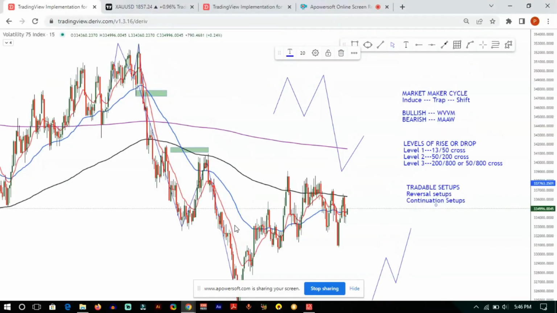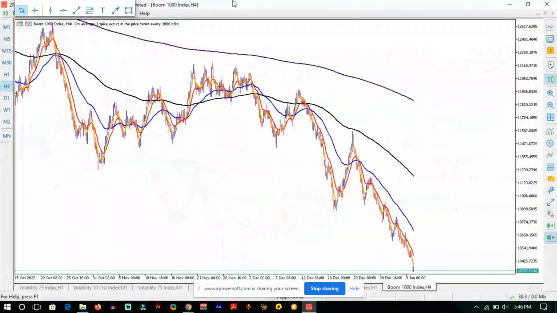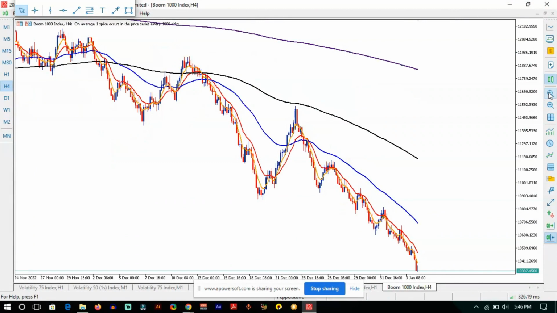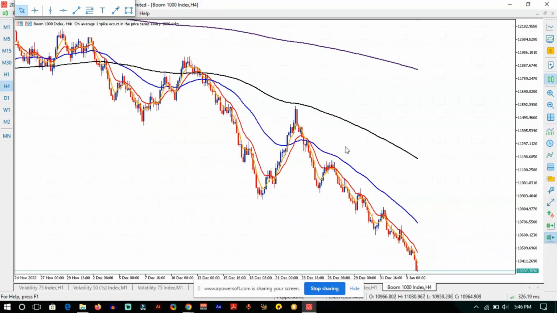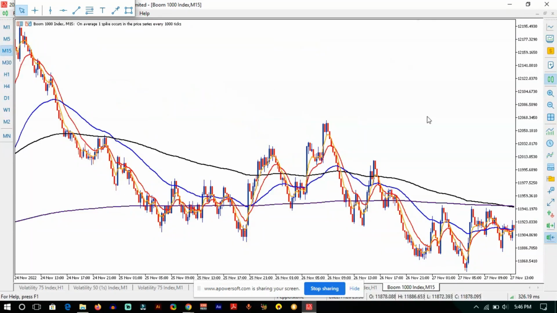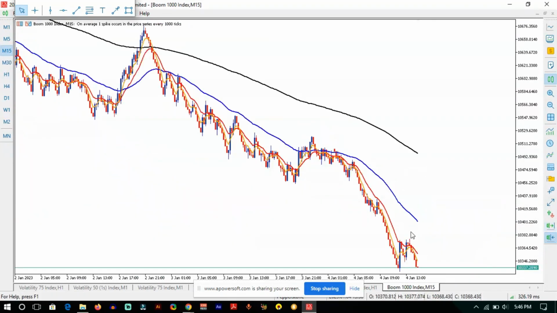One more last thing, let me not miss this out. Let me come here on MT5 and show you something. I want to demonstrate something. Let's say I'm on M15, let me show you about these moving averages.